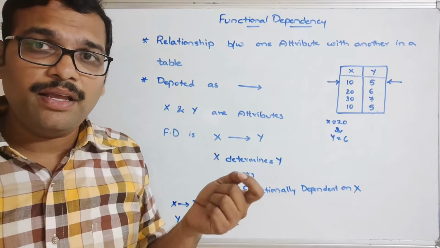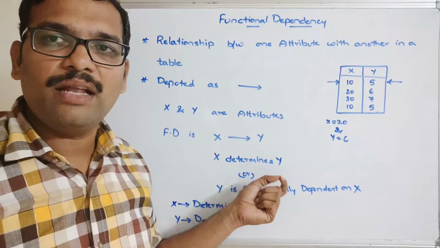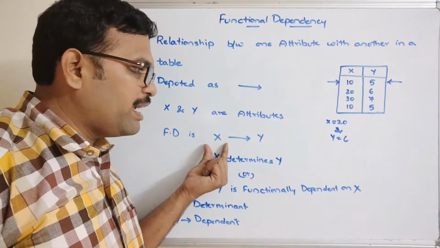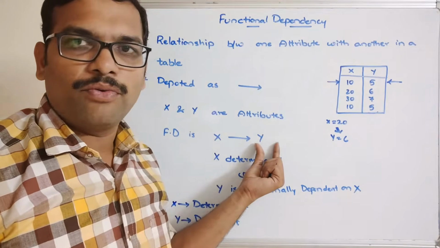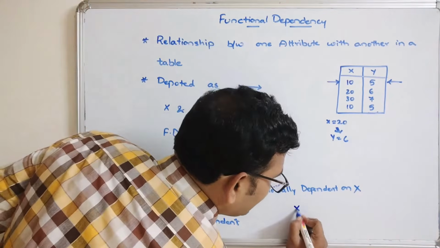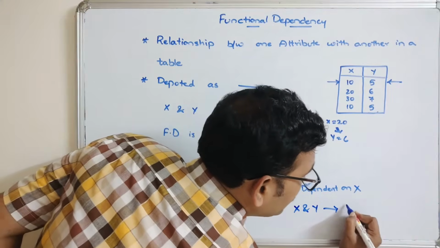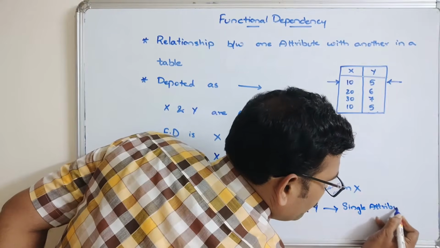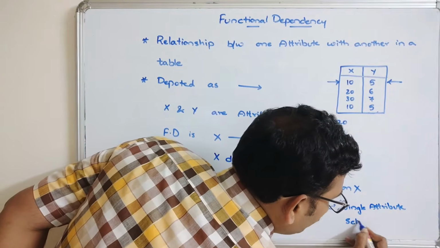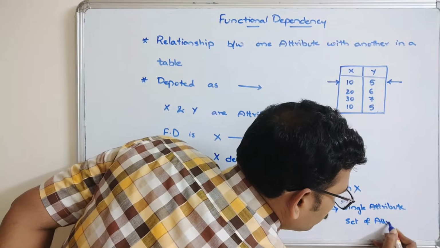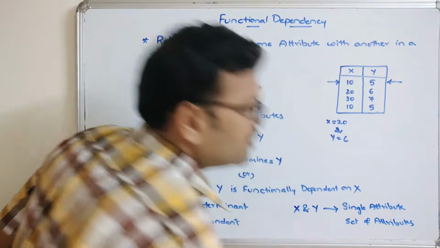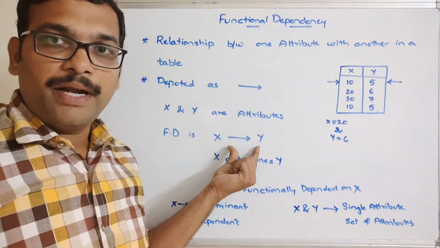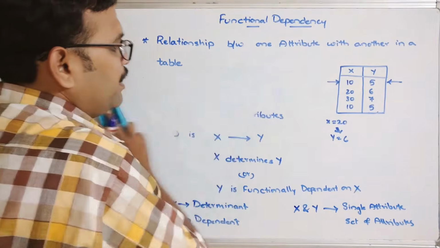No, x can be a set of attributes and y can be a set of attributes, so a set of attributes can determine some set of attributes of y. So x and y can be a single attribute or a set of attributes, right?